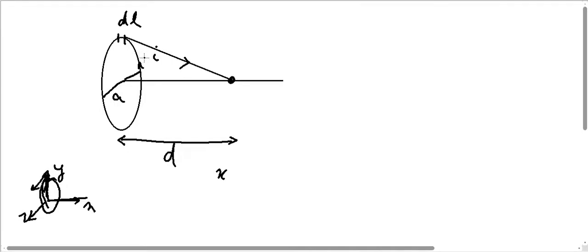The direction of B is given by dl cross r, so it is perpendicular to both dl as well as r. So my magnetic field will be in this direction, perpendicular to r.